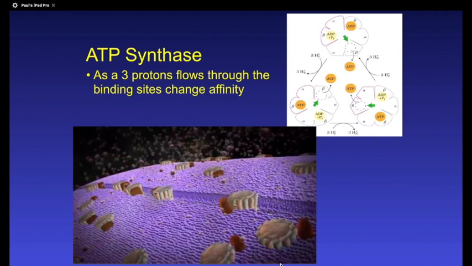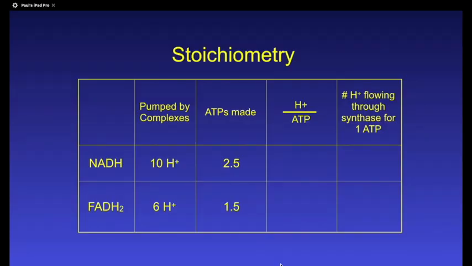What did we calculate a few slides ago? 4. But we really know it only takes 3 to make that rotation occur. Okay? So where in the world is that lost proton? Oh, here we go. This was the calculation.